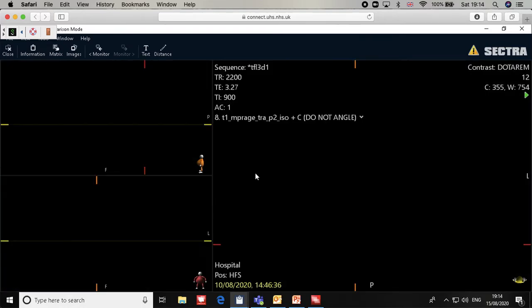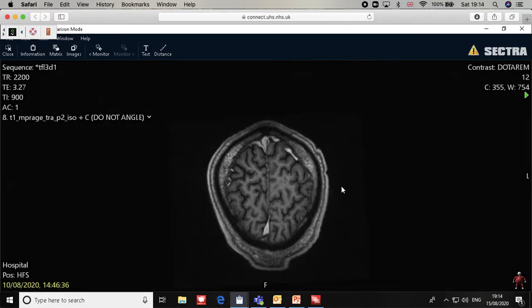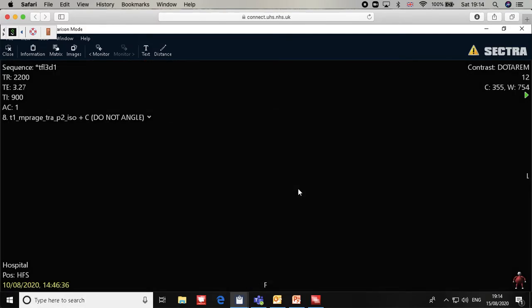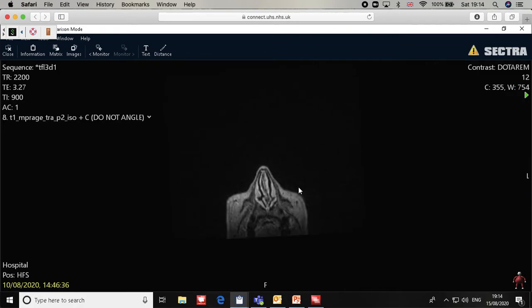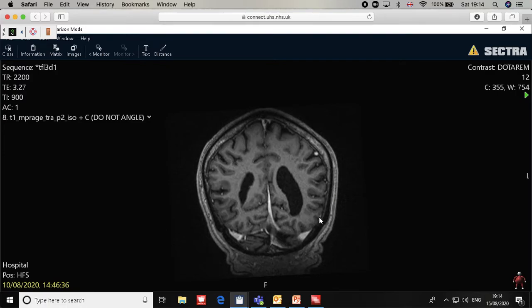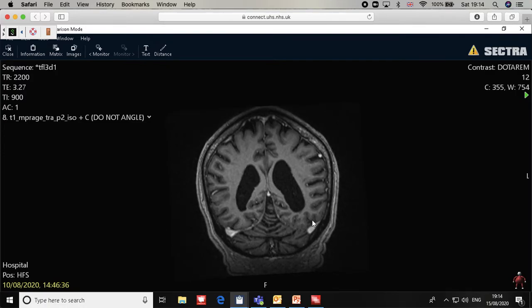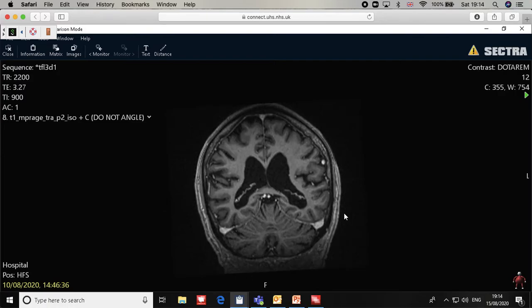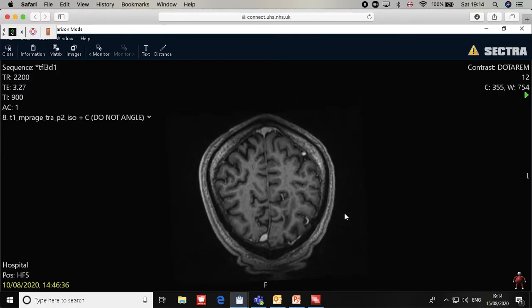As some call it, the moon sign in the coronal section. I think if you want to look at it, the hippocampus is beautiful. So again, you go to the temporal lobe and you look at it, this is posterior.